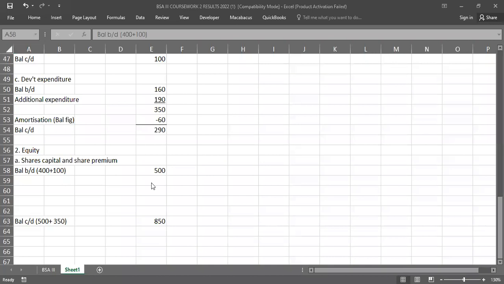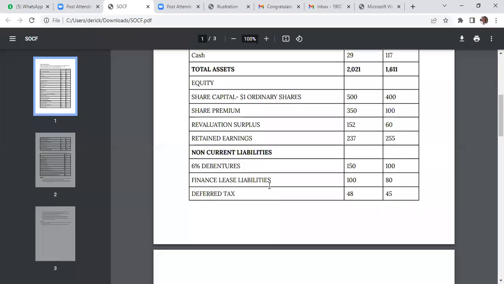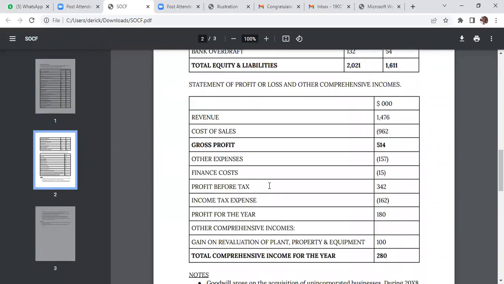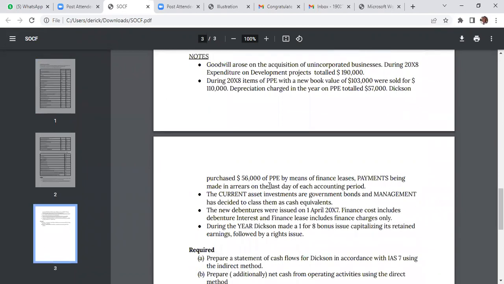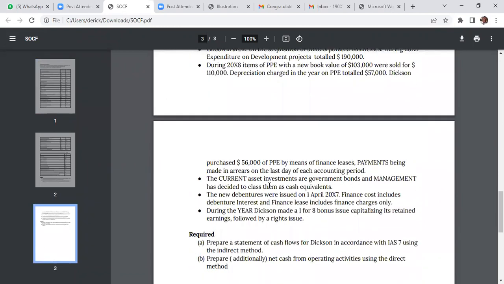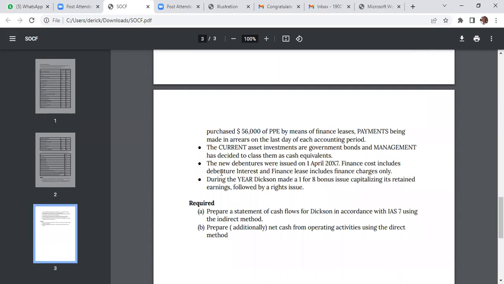Okay, so we'll now see if there is any information that can help us adjust a few things here and there. If you go to your additional information, we said a few things about shares. When you scroll through, the last part says that during the year, Dixon made a 1-for-8 bonus issue, capitalizing its retained earnings, followed by a rights issue.